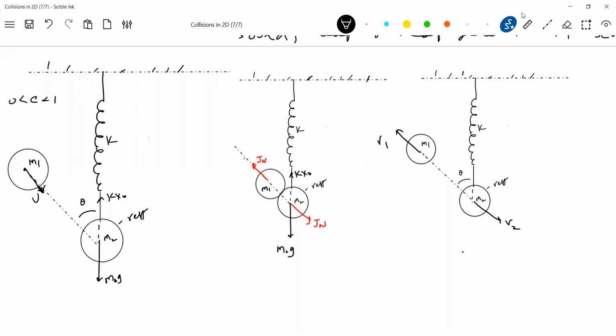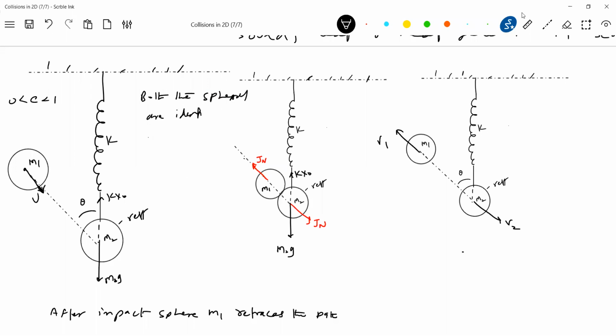I'm putting after collision, after impact, sphere M1 retraces the path. Both the spheres are identical. Okay, so what all equations can we write here now?